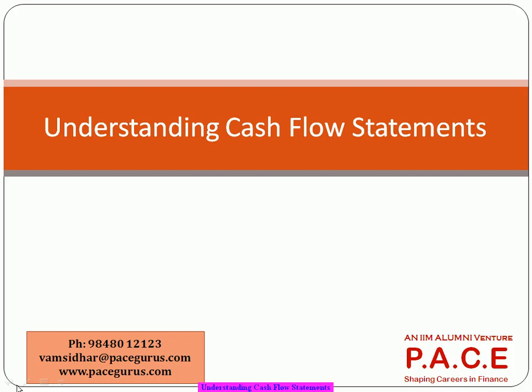Assuming 10 years of life, you are showing only 200 million as a part of the expense this year. And because of that, let's say your profitability is 200 million.